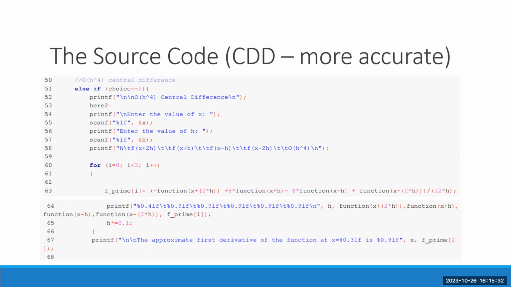Similarly, the results are shown in a table showing x, f of x plus 2h, f of x plus h, f of x minus h, f of x minus 2h, and the order 4 values. Like the OH2 method, it calculates the derivatives for decreasing h values to demonstrate the convergence of the approximation. It provides the approximate first derivative at x, and then it asks if the user wants to compute another value or choose another method.